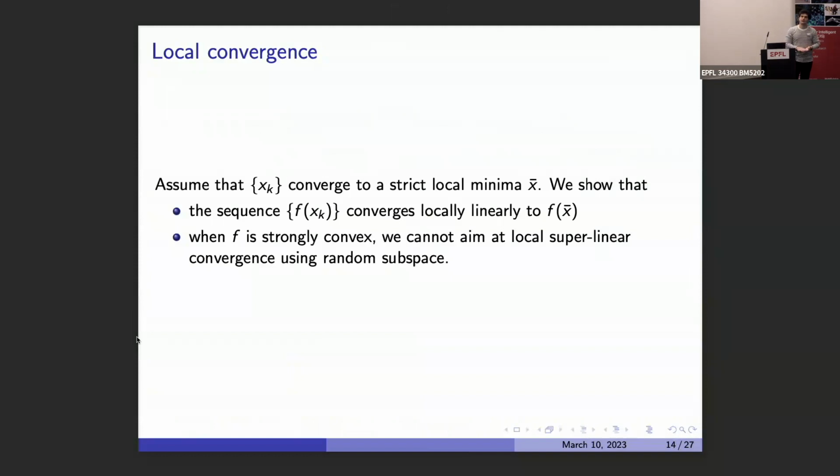I think one explanation is, when you try to prove the superlinear convergence, you have this term that is the norm of the gradient plus the Hessian times xk plus 1 minus xk, and on the random subspace it is the projection on some subspace. If this projection is small, then it's almost like superlinear convergence.